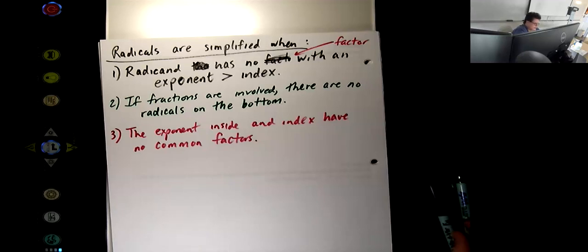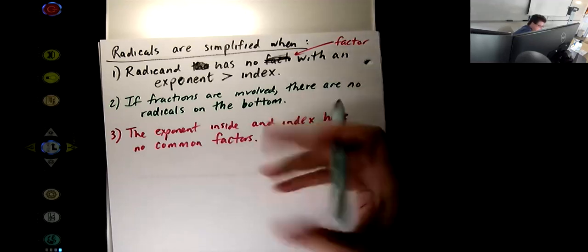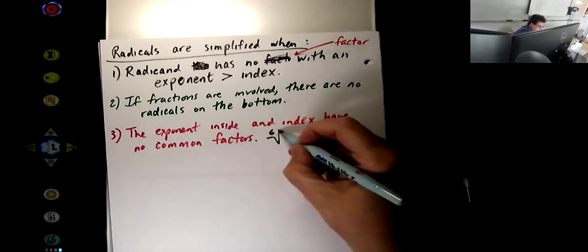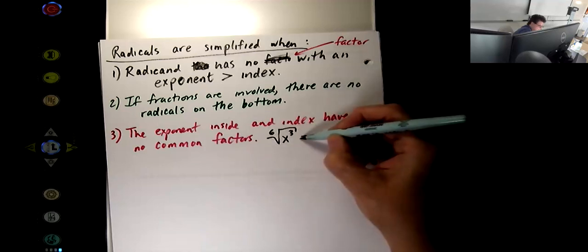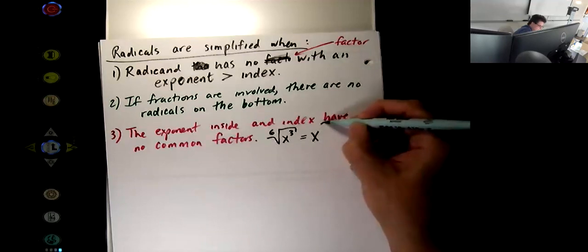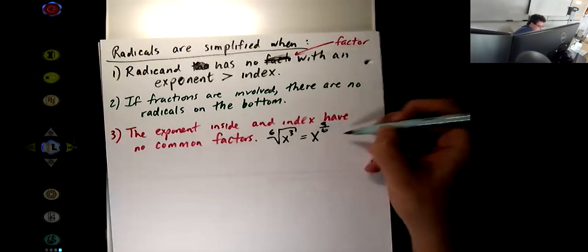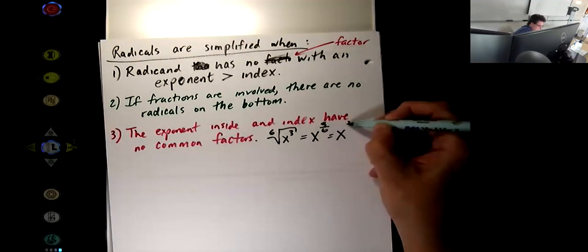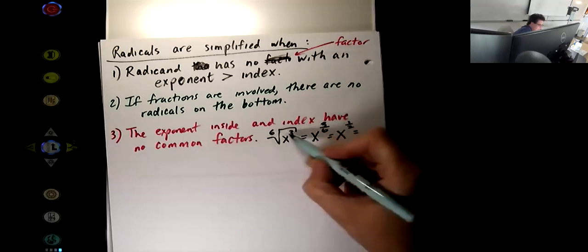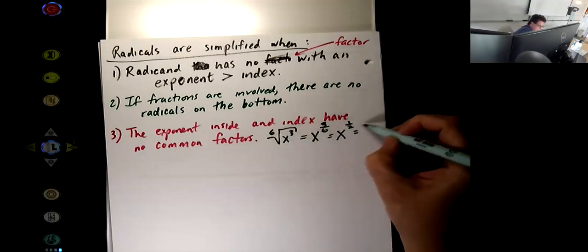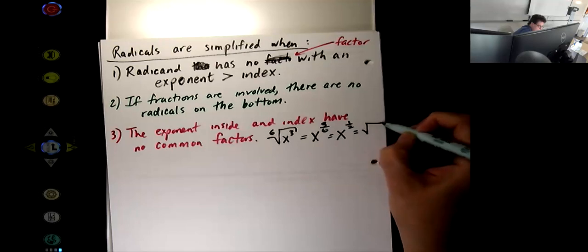I think that one's confusing enough. I wanna show a quick example here. If I had the sixth root of x cubed, this is x to the 3/6 power, which is x to the 1/2. 6 and 3 have a 3 in common, but I can rewrite this as the square root of x.